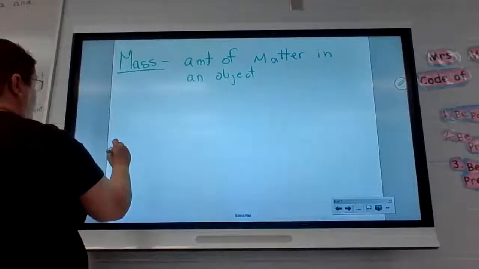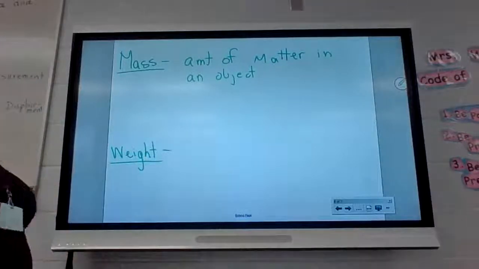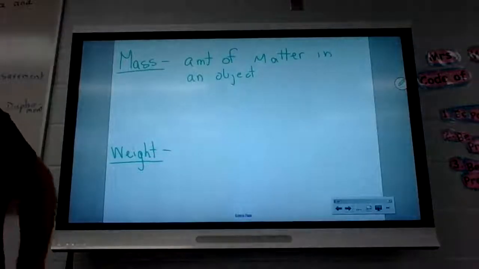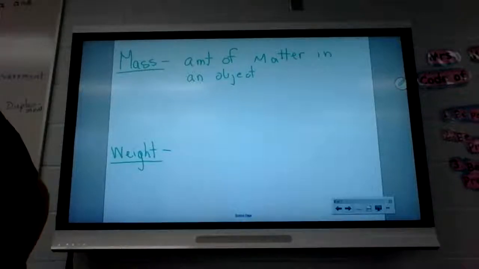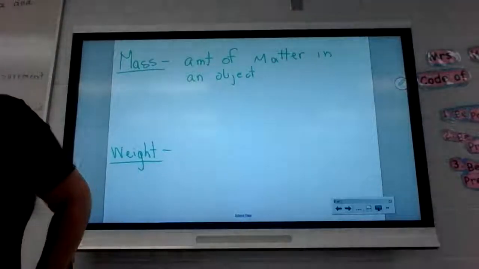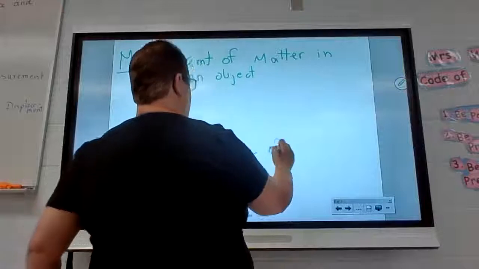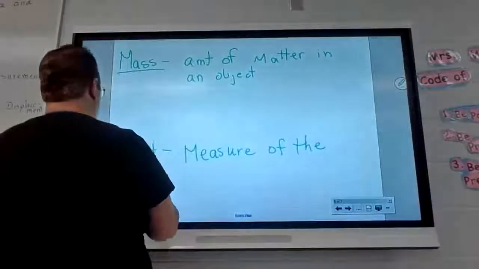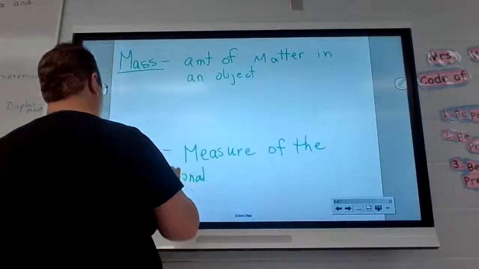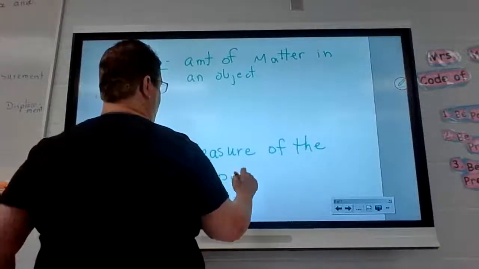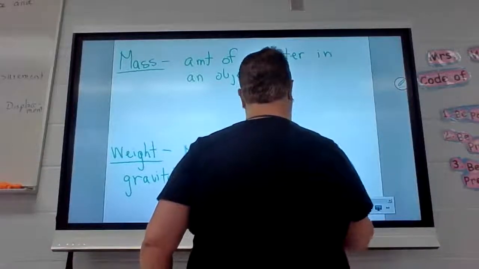Now, weight is different. Anybody know what weight is? This one people usually remember. Anybody? All right, it's based on gravity. Okay, this one's a measure of the gravitational pull on an object.